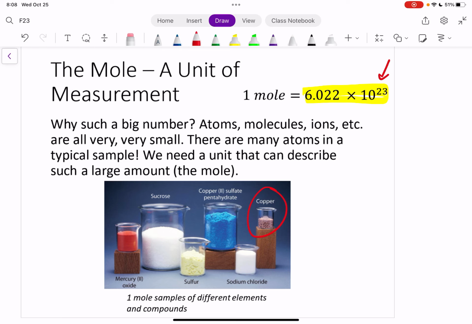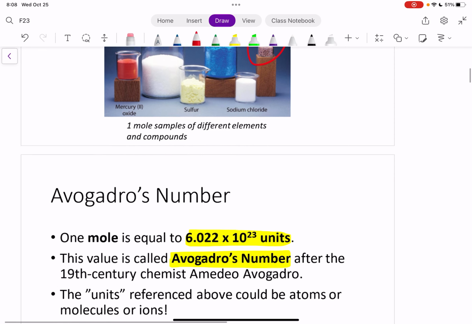So it'd be really nice if I could actually figure that out quantitatively, count how many atoms of copper I have in my 5-gram sample. And that's where the mole comes in. So we needed a unit that could describe these really large amounts of atoms or molecules or ions of these tiny, tiny things. And that's where we came up with the mole.